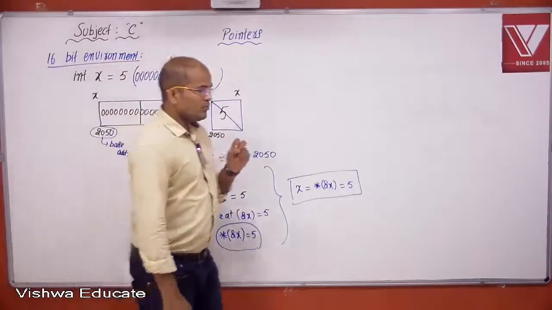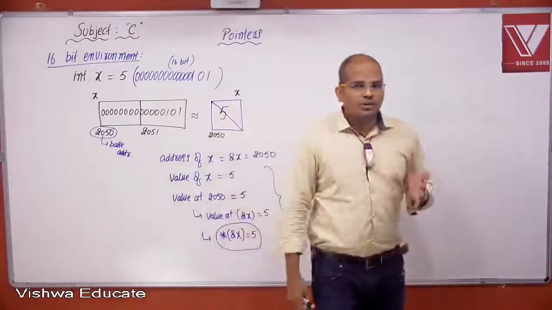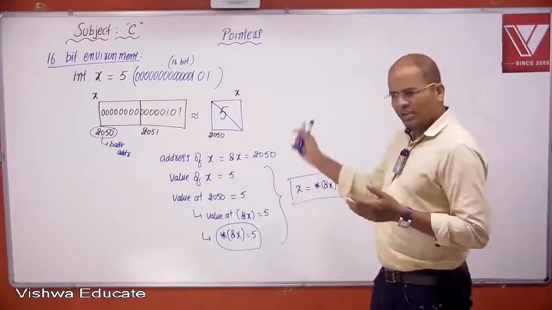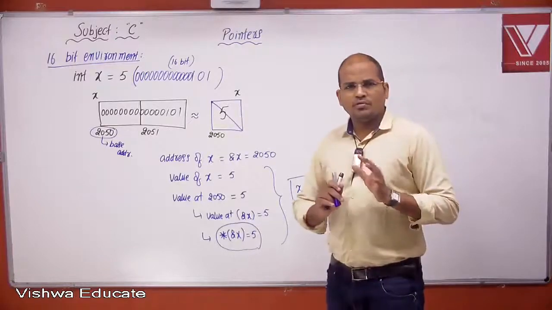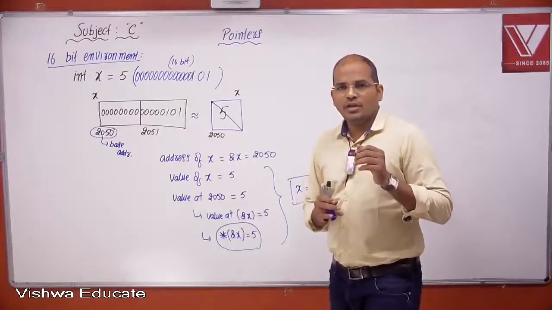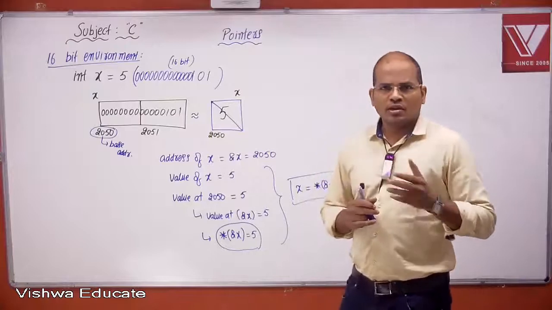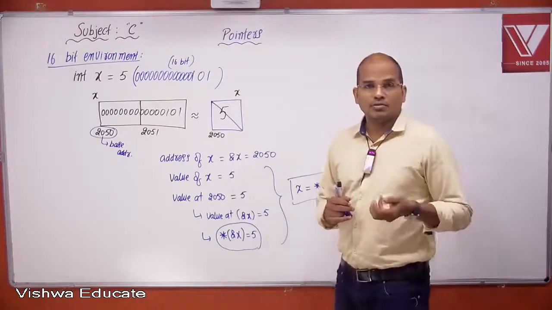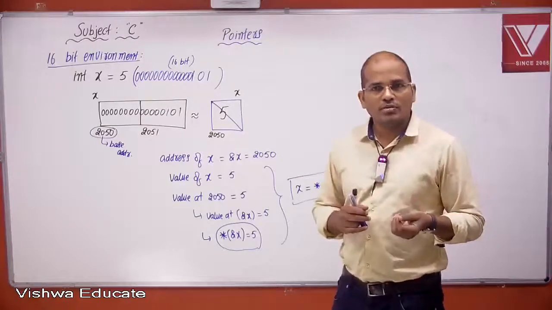So the question starts here. What is a pointer now? A pointer is a variable, a regular variable with a small difference. The difference is a regular variable stores regular values, whereas a pointer variable stores address values. Why address values?